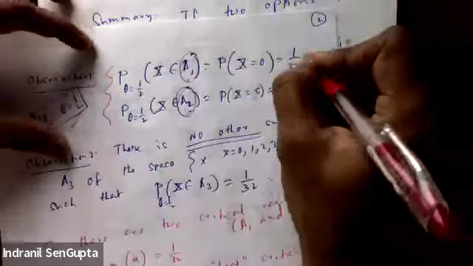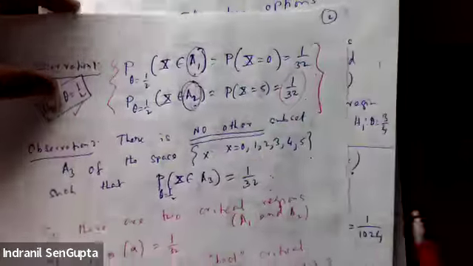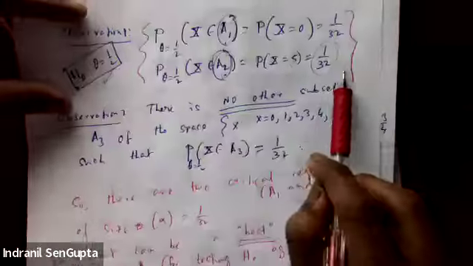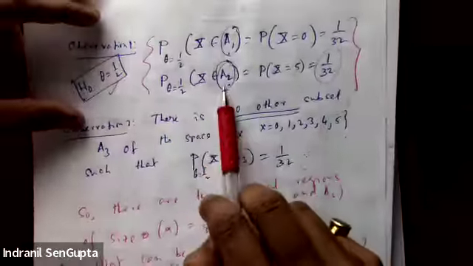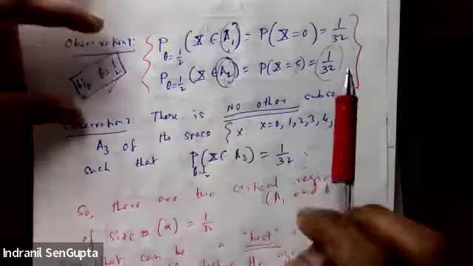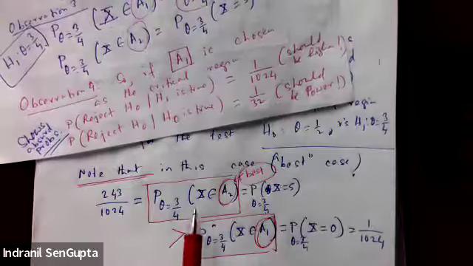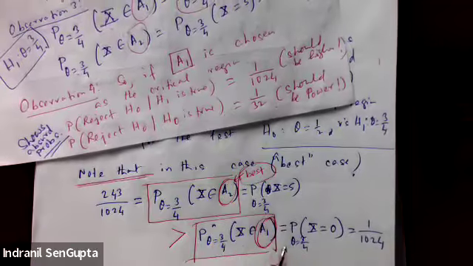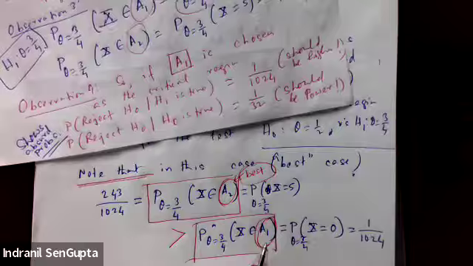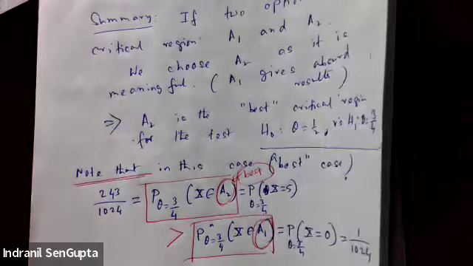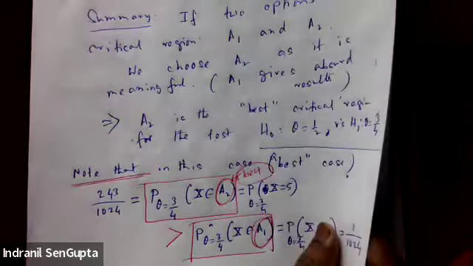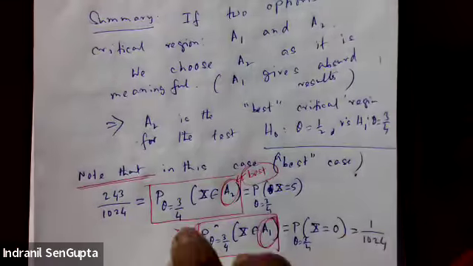So that's what we wrote here. That's our first condition. The second: to be a candidate for the critical region, we must check the other one. So I have to check for theta equals 3/4. Whichever is more than the other is the best critical region. Now we didn't prove it yet, but there is a way to formalize it. I'll do it very soon.